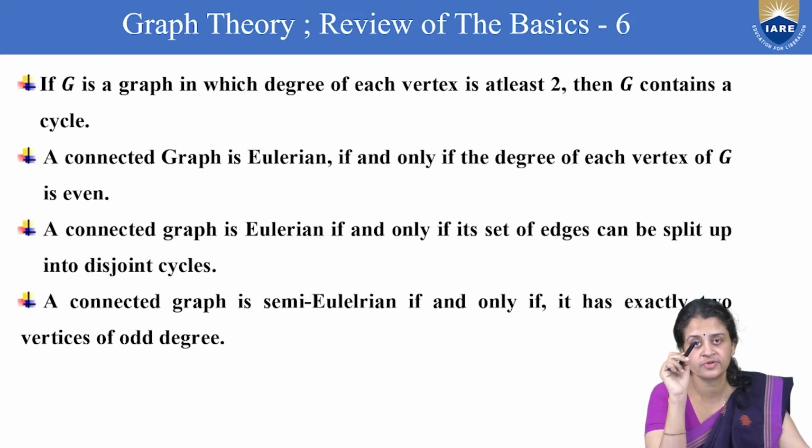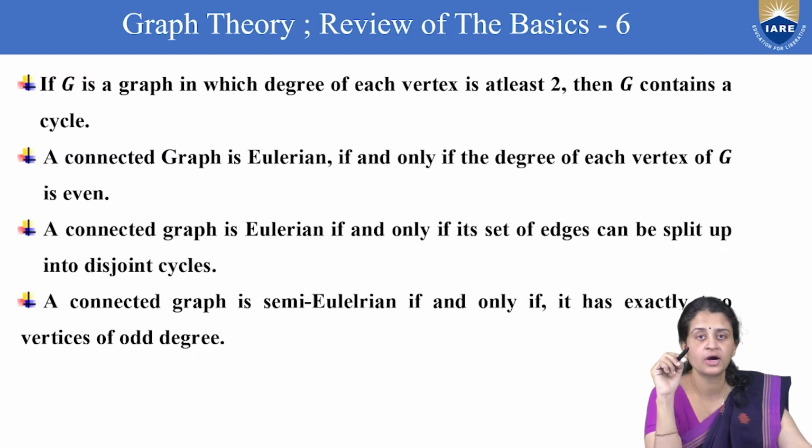We go to V1, from there V1 to V2, because every vertex is of at least degree 2, and so on. Since the graph is finite, we will reach a vertex Vk, and from there we have to reach back to V0. Why? Because we have been given that every vertex has degree at least 2. So we will be passing through the vertices, and then we will find a cycle.